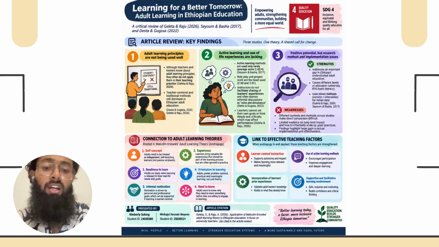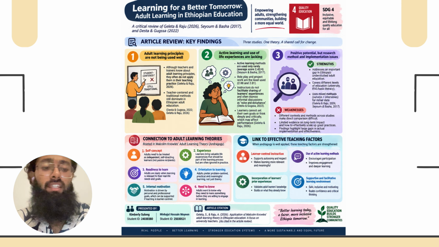The research done by Jeleta and Raju back in 2026 on the demographic of Ethiopian adult learners reminds us that achieving quality education requires more than just enrolling students or scheduling employee training sessions.